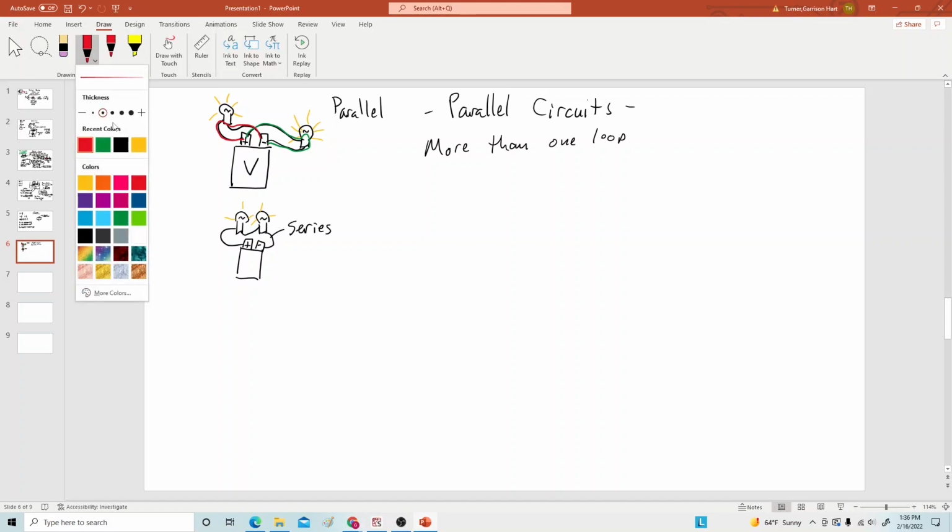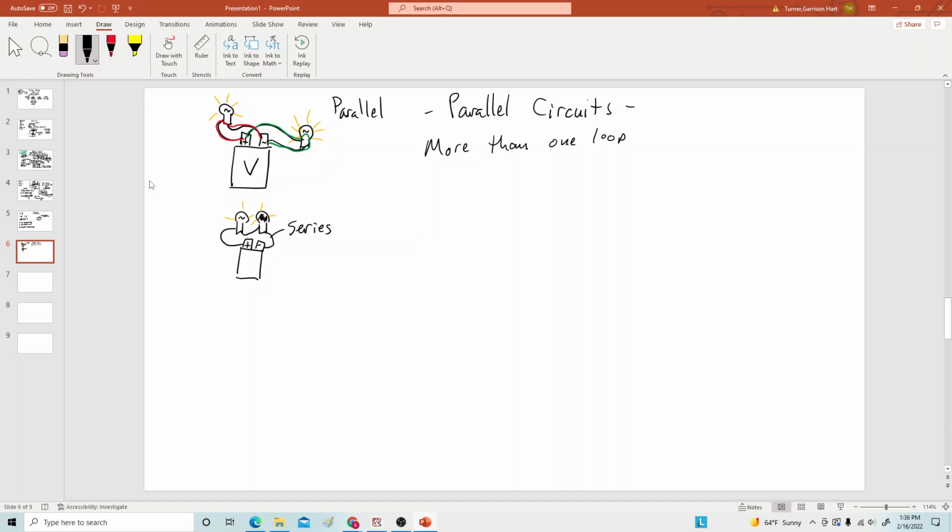Now, why would I connect a series of light bulbs in this fashion? Well, suppose one of the light bulbs burns out here. If one of the light bulbs burns out and we no longer have that light bulb lit up, the path is now broken because the filaments are burnt up.